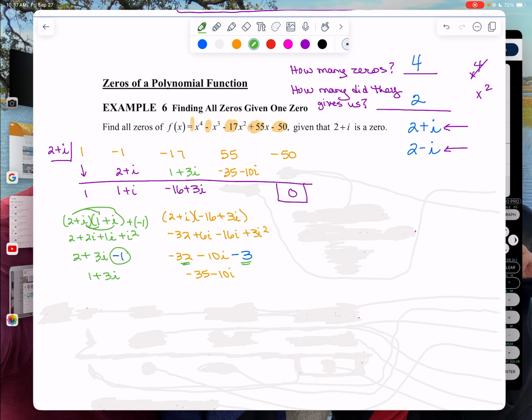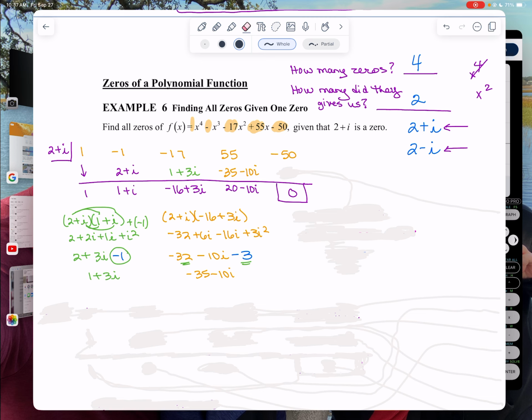So when I multiply those two together, I get minus 35 minus 10i. I'm going to put that back up in part of my synthetic division. I can't do anything with the i, but I can say 55 minus 35. So I wind up with 20 minus 10i.